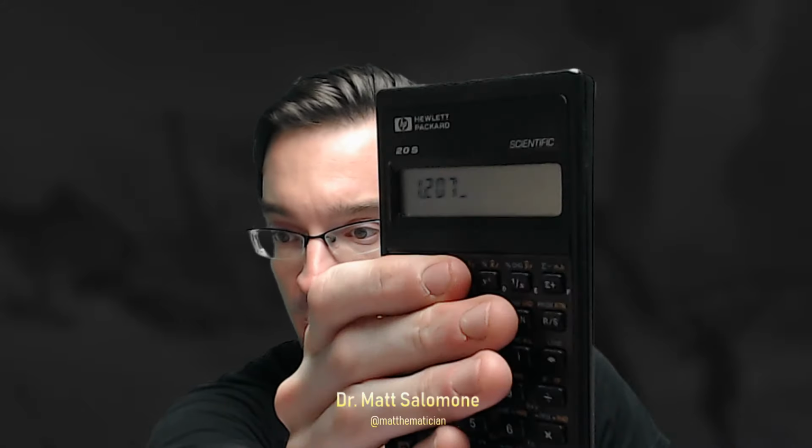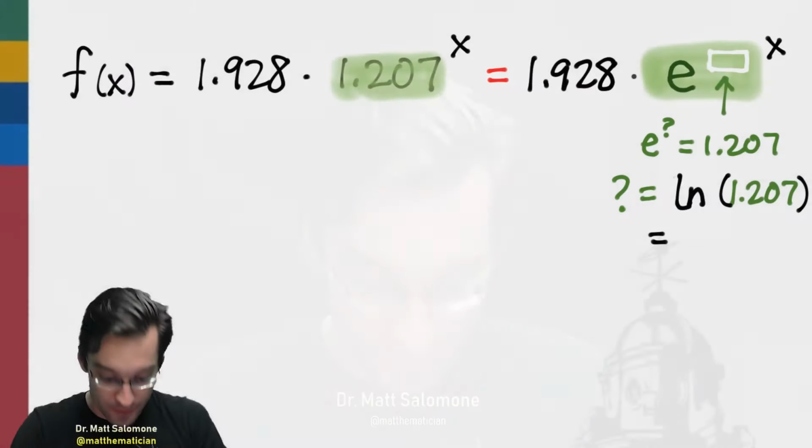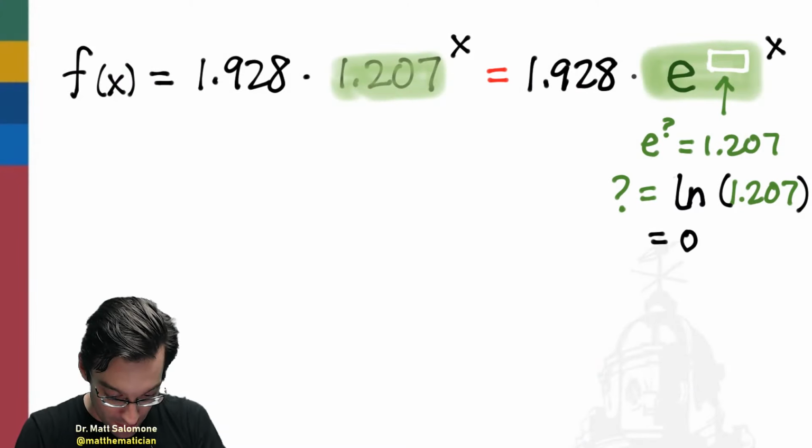1.207, and then we'll hit the ln button, and we get 0.188138. Let's call it 0.19. About 0.19.